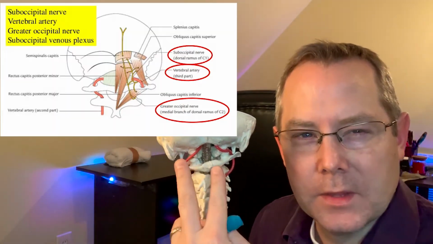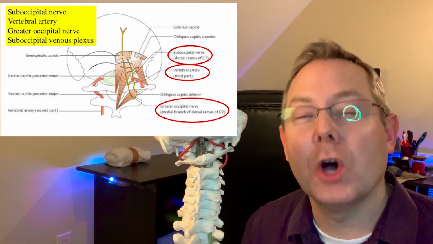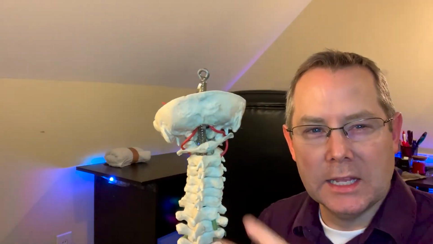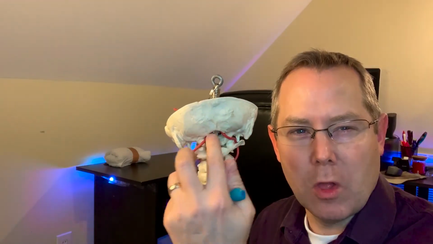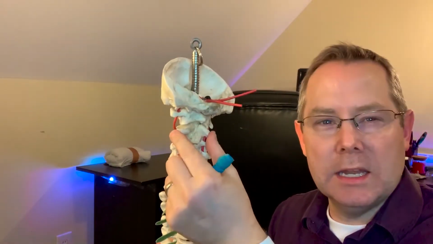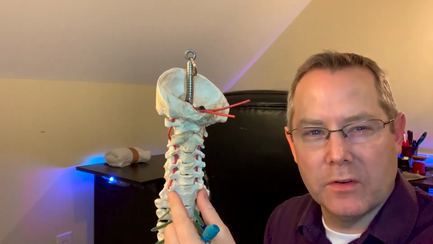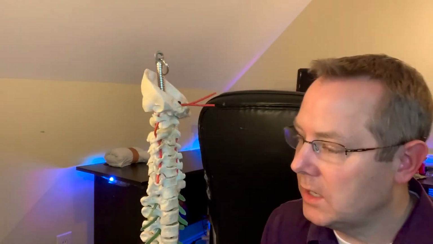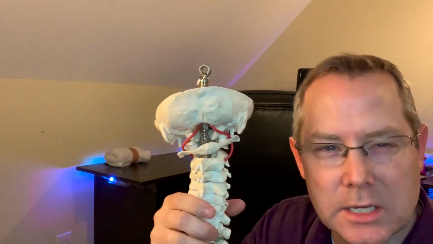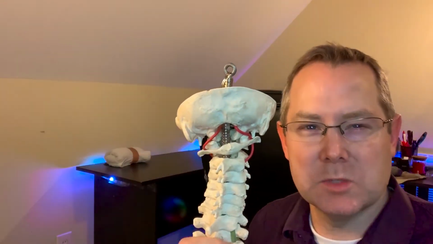Let's talk about one more important thing besides suboccipital muscle pain, and that's these red things. They're called your vertebral arteries, and they give you blood flow to the brain. They're very superficial along the base of the skull. They run all the way down on either side of the vertebrae in these things called foramen. They give good blood flow up and down naturally, but if you start compressing these areas, you might start getting pain just because of that.